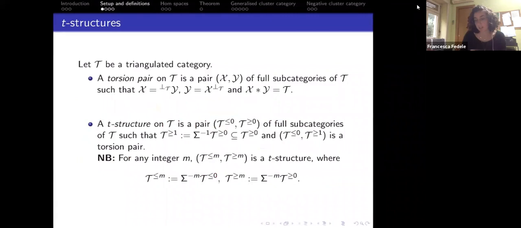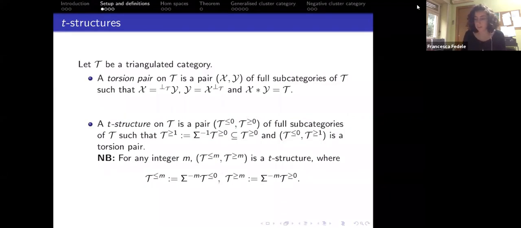And then a t-structure is still a pair of full subcategories of T, such that sigma inverse of the second half is inside the second half of this pair, and T less than or equal to 0, T bigger or equal to 1, where this is the shift, is a torsion pair.